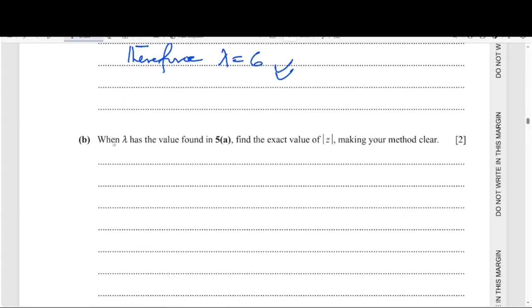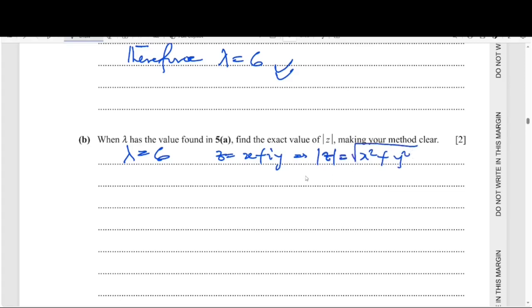Now 5b says when lambda has the value found, that is when lambda is equal to 6 as we found in 5a, find the exact value of the modulus of z, making your method clear. So you know the modulus of a complex number: if z is equal to x plus iy, then its modulus is given by the square root of x squared plus y squared.